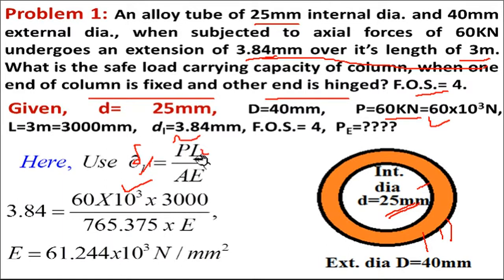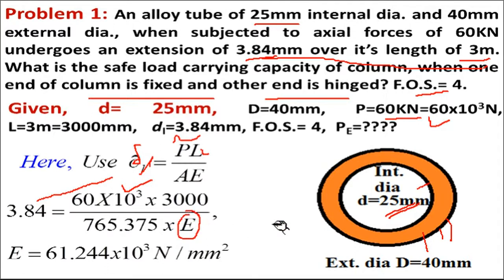Put P here, put length here, area pi by 4, capital D raised to 4 minus small d raised to 4. Then delta L is known, 3.84. You put that delta L here, and the only unknown is E.